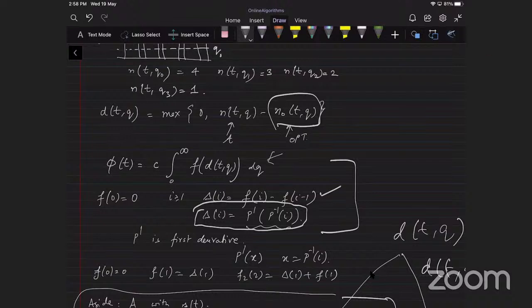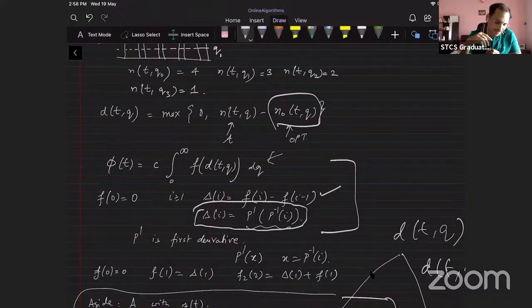So at job arrival, there is no discontinuity because both n of tq and n0 of tq will be the same. You're jumping one step ahead, but that's what I term as a discontinuous event possibility: an arrival of a new job or a departure of a job with either the OPT or the algorithm. These are the only possibilities where discontinuity can arise.